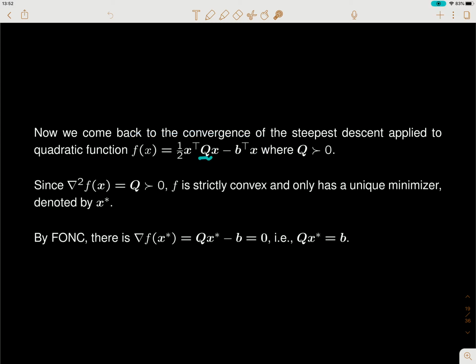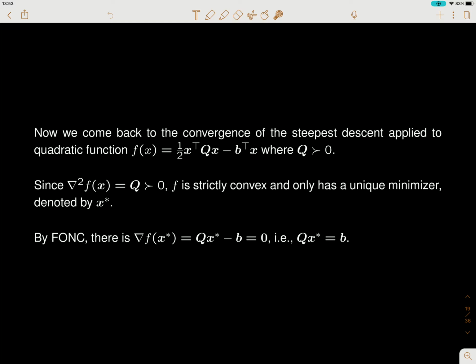Q is a positive definite matrix, and b is a given vector. We showed earlier that the Hessian of this function f is just the Q matrix. And since Q is positive definite, we know the function is strictly convex, and it has only one unique minimizer.